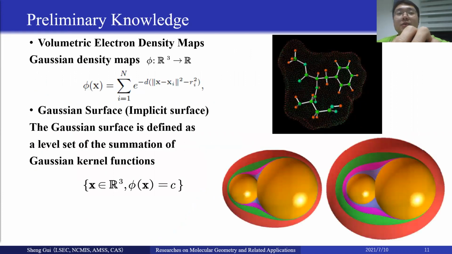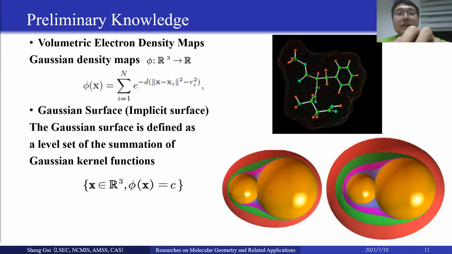First, let's review some preliminary knowledge. The volumetric electron density maps are often modeled as Gaussian density maps. The definition of the Gaussian density map is as follows, where the parameter D is positive and controls the decay rate of the kernel functions.